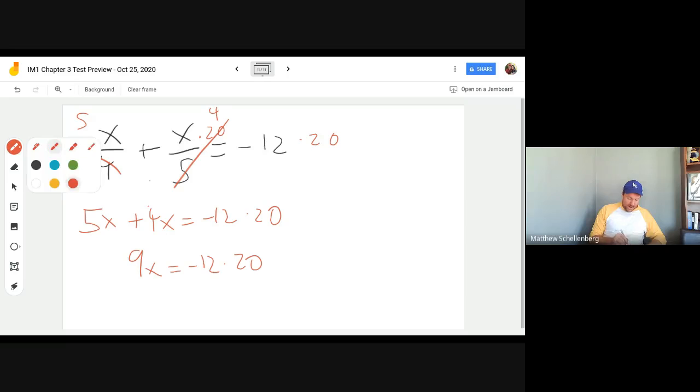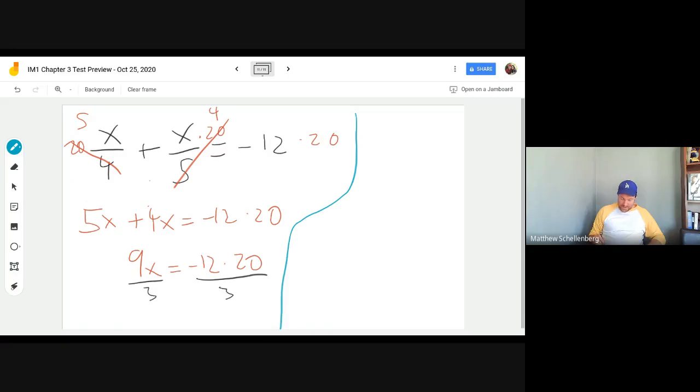And I can take out a common factor, divide both sides by 3. And that will give me 3x equals minus 4 times 20. And so that means 3x equals negative 80.